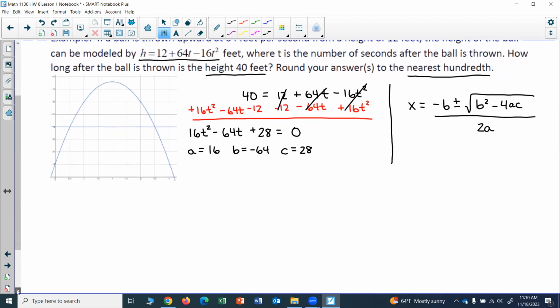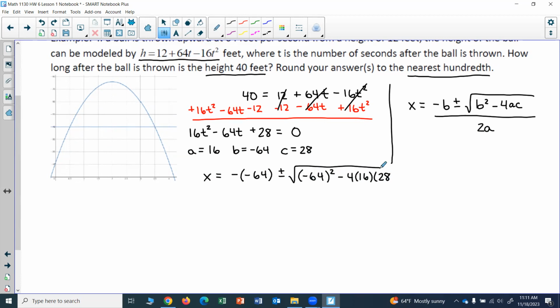And now I'm going to plug it in. So I am going to have x equals negative, and then negative 64, so a double negative there, plus or minus the square root. I'm going to put the negative 64 in parentheses so that I make sure I square the negative, which would make negative 64 times negative 64, which would give me a positive, minus 4 times 16 times 28.